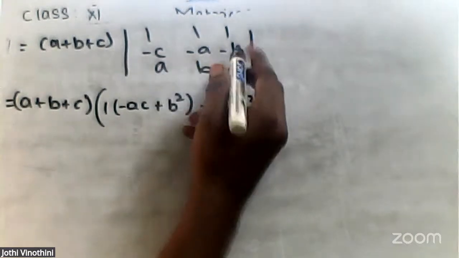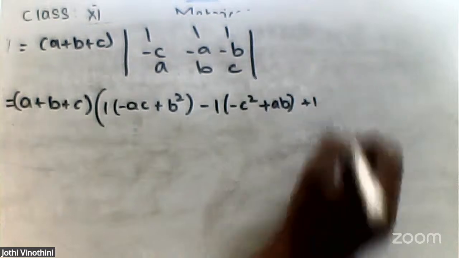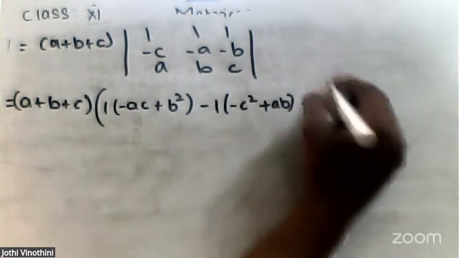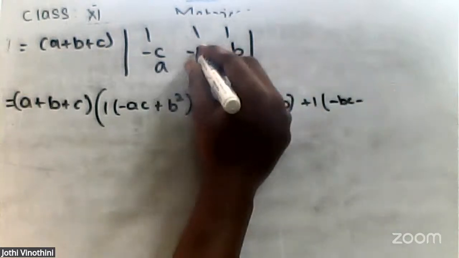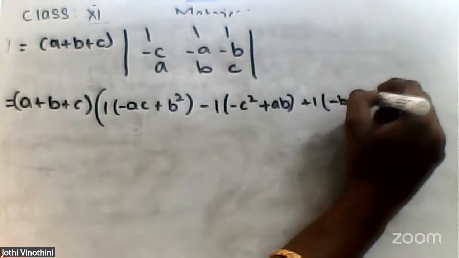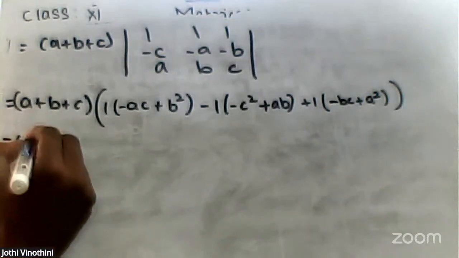So here it is minus AB, so it will become plus AB. And plus 1 multiplied by minus BC minus of minus A squared, so it will become A squared. Right? So we can simply solve this sum.